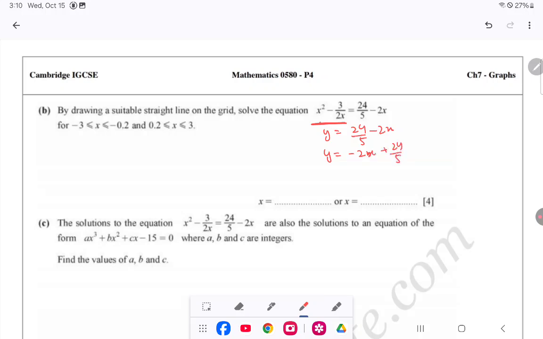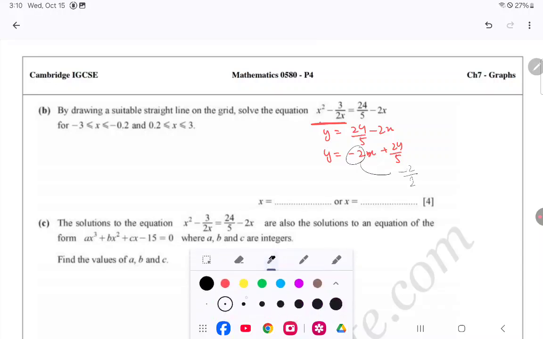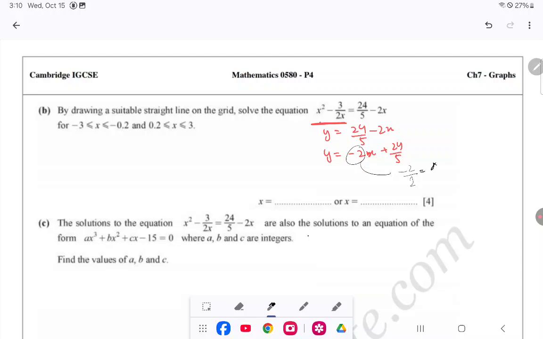Solve it further. This is our slope, negative 2 over 1. This is change in y, and this is change in x, and this is our c value, that is the y-intercept. We can also say that it is 4.8.